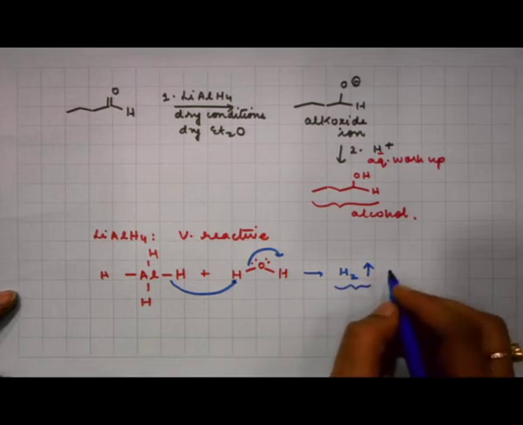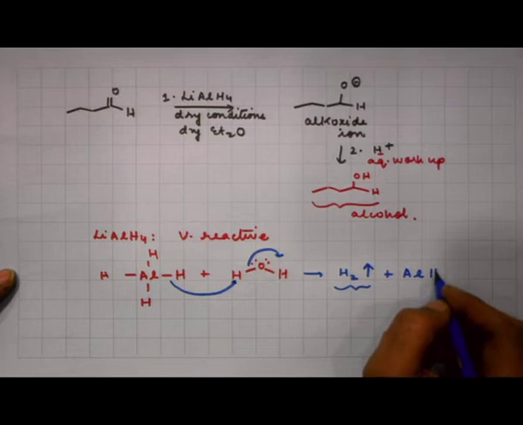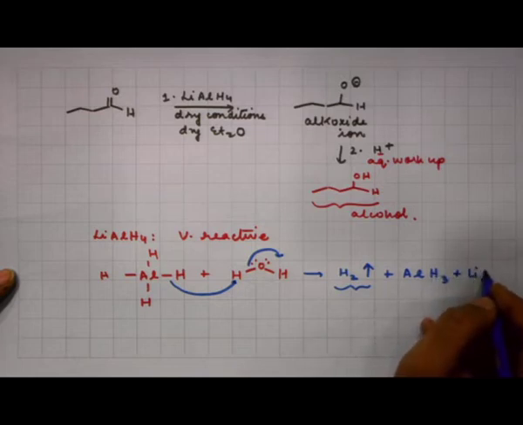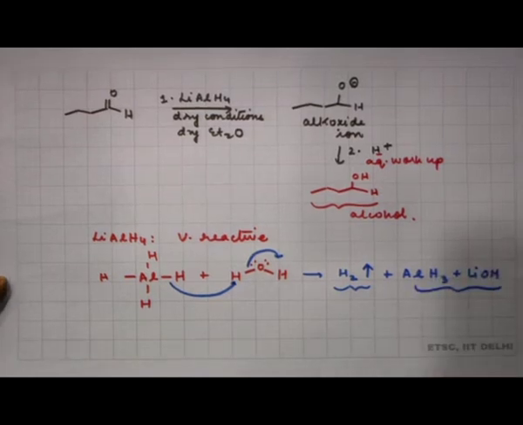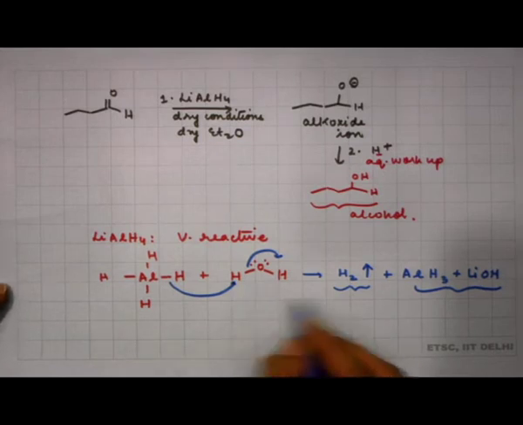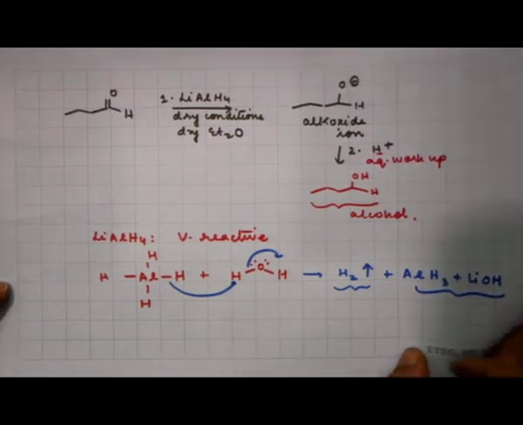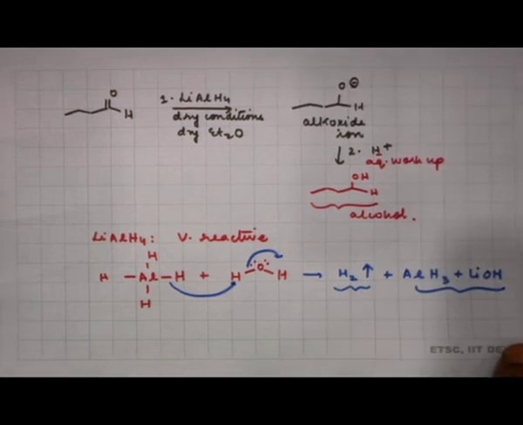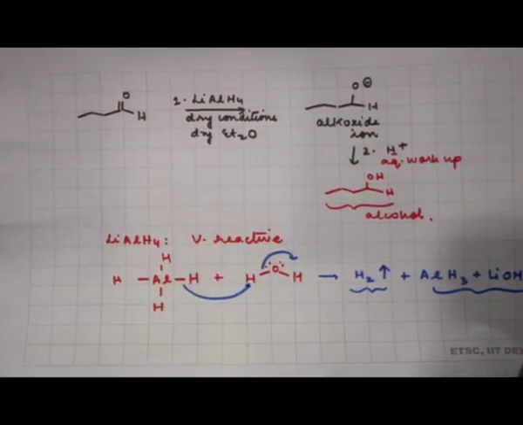So, there is a very explosive reaction, it can result in the evolution of hydrogen gas along with formation of these entities. Because of this, the reaction has to be carried out under dry conditions, and we cannot use water directly as a solvent when we are carrying out reductions with lithium aluminium hydride.